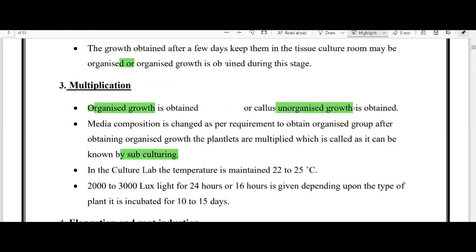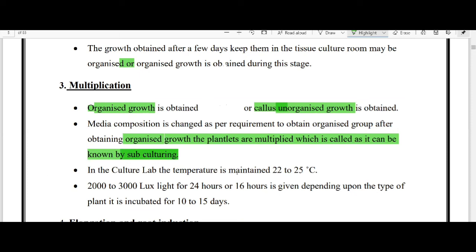But if we are getting unorganized growth or callus, then the media composition is changed as per the requirement, and organized plantlets are multiplied, which can be known as subculturing. So the culture is further subcultured to get organized growth from unorganized plantlets.